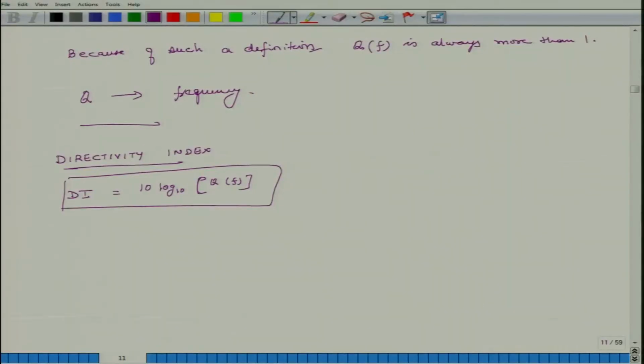Okay. So, for an omnidirectional source, what is the value of directivity index? For an omnidirectional source, directivity index will be 0 and directivity will be 1. Okay. For a directional source, directivity will be more than 1 and directivity index will be non-zero.